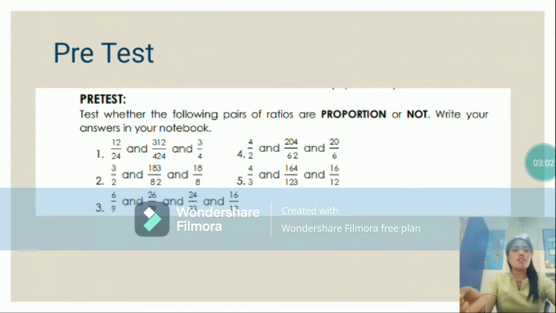Number 3, 6 over 9, 26 over 39, and 24 over 33. Number 4, 4 over 2, 204 over 62, and 20 over 6. Number 5, 4 over 3, 164 over 123, and 16 over 12.